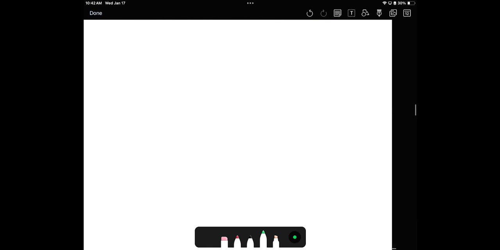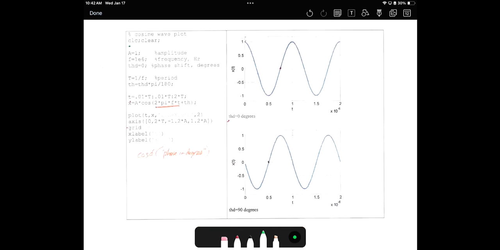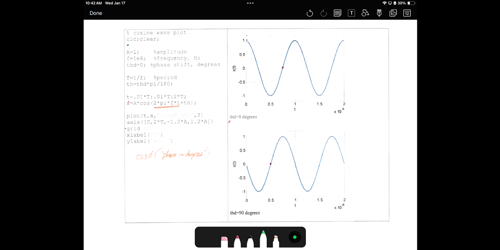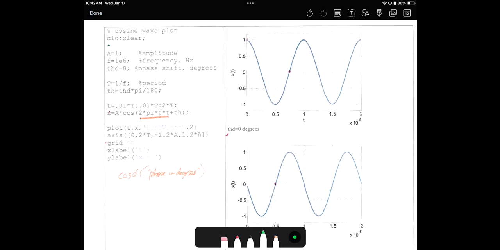Okay, so here is the MATLAB code, you can find it also in Canvas. Basically, it plots the sine or the cosine waveform. Here's the overall code. This can sometimes be helpful as guidance if you need to plot any sinusoidal or periodic functions.